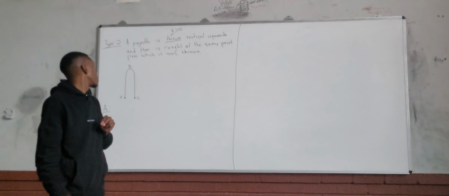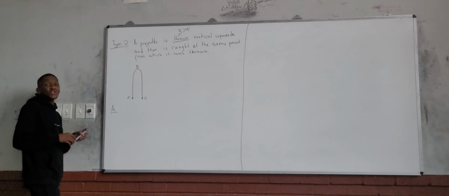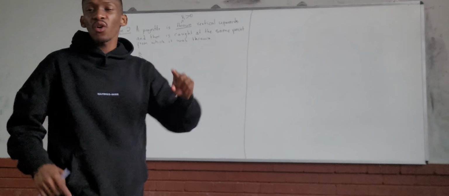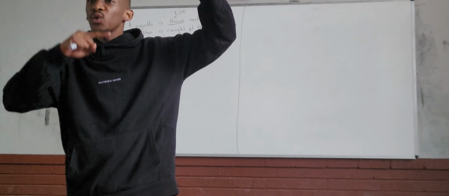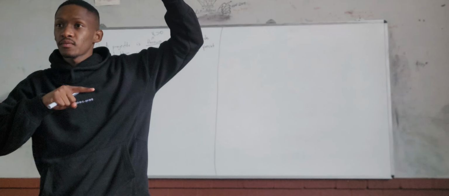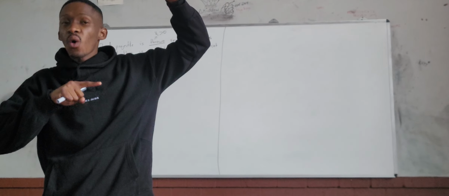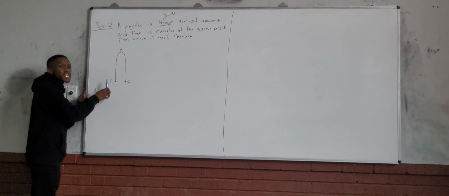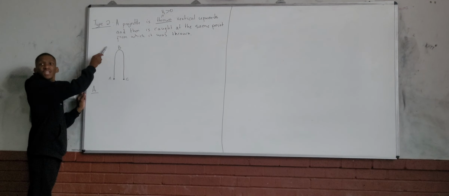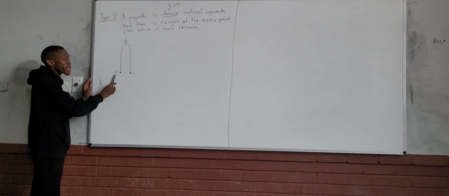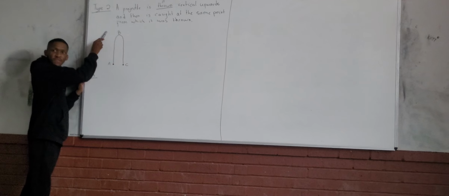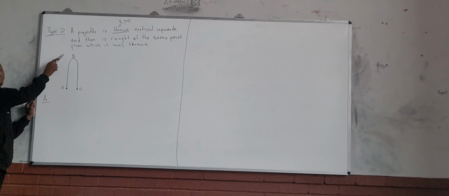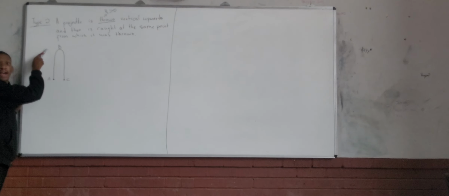I will explain it to you right now, because when we are solving this kind of problem, we are always going to consider only 2 points. Either you will be working with point A and point B, in which case point A becomes initial and point B becomes your final.